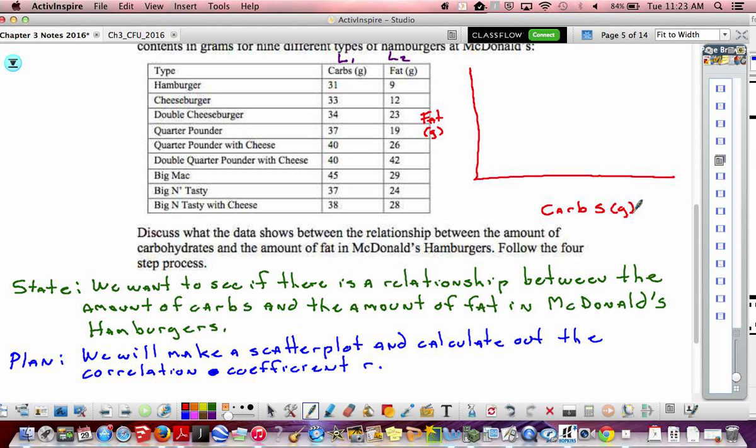Looking at my carbs, it looks like they are only going from 31 to 45. So on my x-axis I'm going to do a break in my graph. I'm going to start at 30, and I know I'm only going up to 45, so maybe I'll count by 3 since I don't have a ton of space: 33, 36, 39, 42, 45.